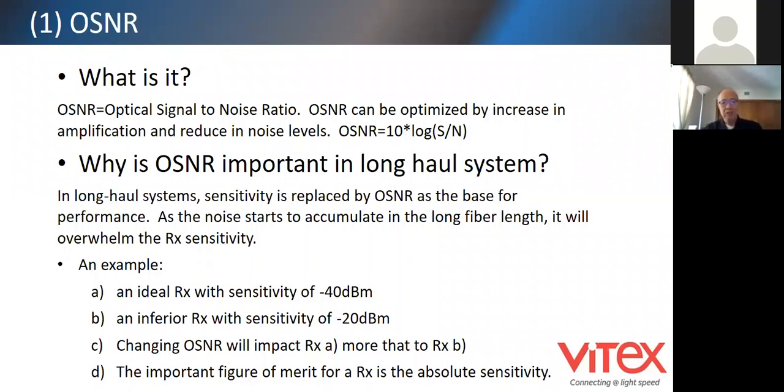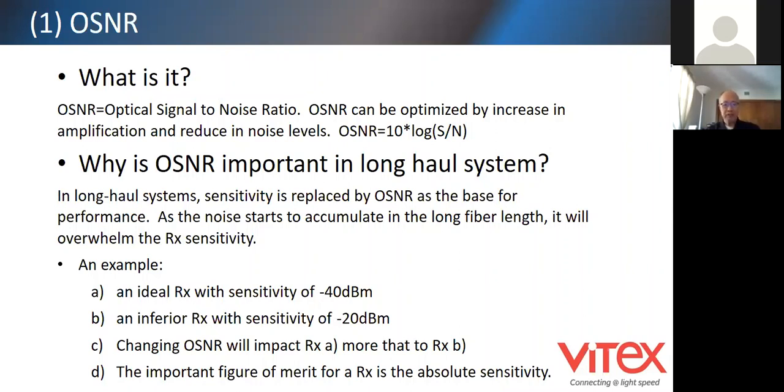And as you can see why, because the noise starts to accumulate in the long fiber link, and it just overwhelms the receiver sensitivity. An example would be, for instance, you have an ideal receiver with a sensitivity like -40 dBm, and an inferior receiver with a sensitivity of -20 dBm.